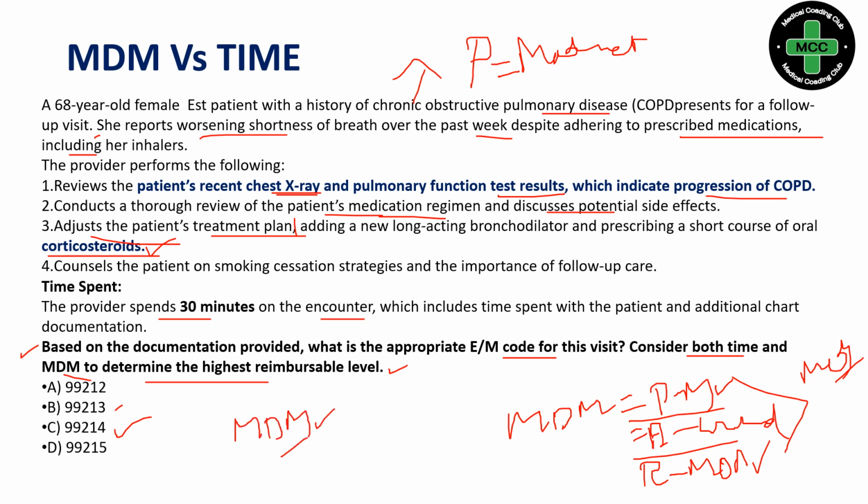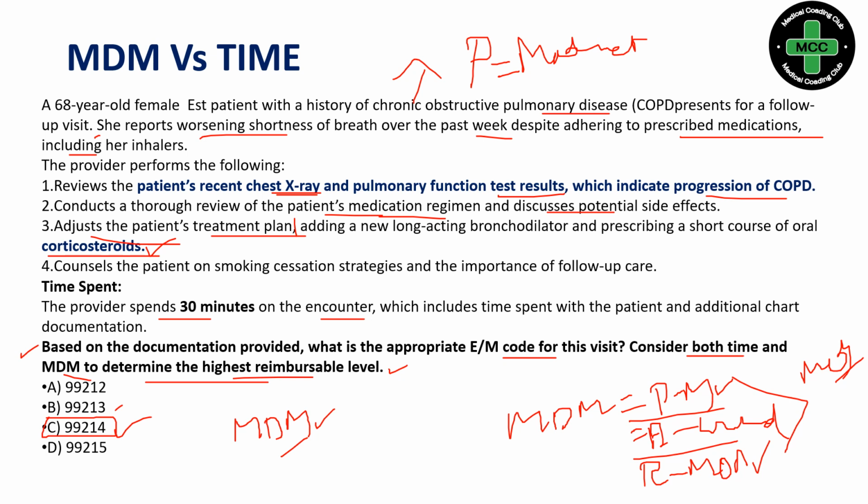As the documentation supports level 4, you will go with level 4. 99214 will be the correct answer. So this is how you have to distinguish between total time and MDM. Whichever gives you the highest reimbursement, go with that particular coding guideline.